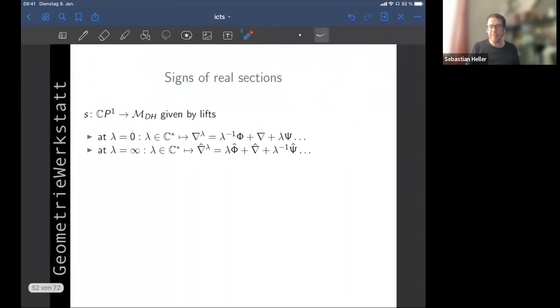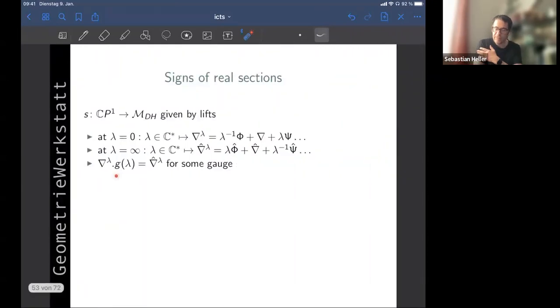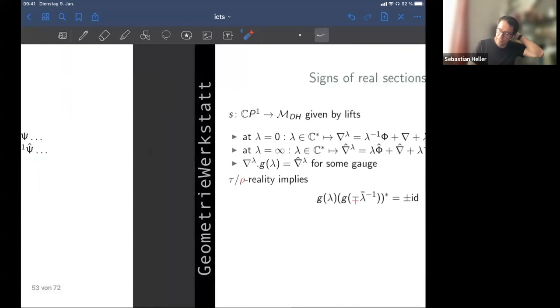And you do the same at infinity. Between these two lifts, by construction, because you have the moduli space, you need to have gauge transformations. This gives you a family of gauge transformations, G of lambda, depending holomorphically on the spectral parameter lambda. And you can see the sign, and therefore the solution, in terms of properties of this G of lambda.